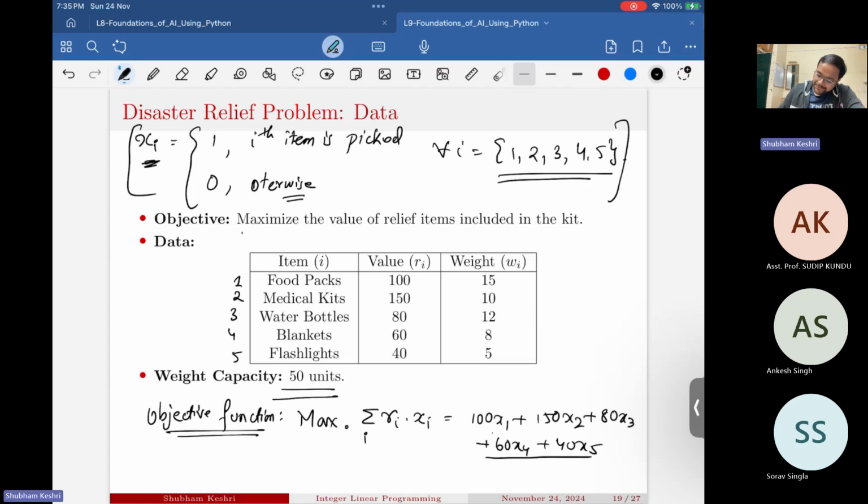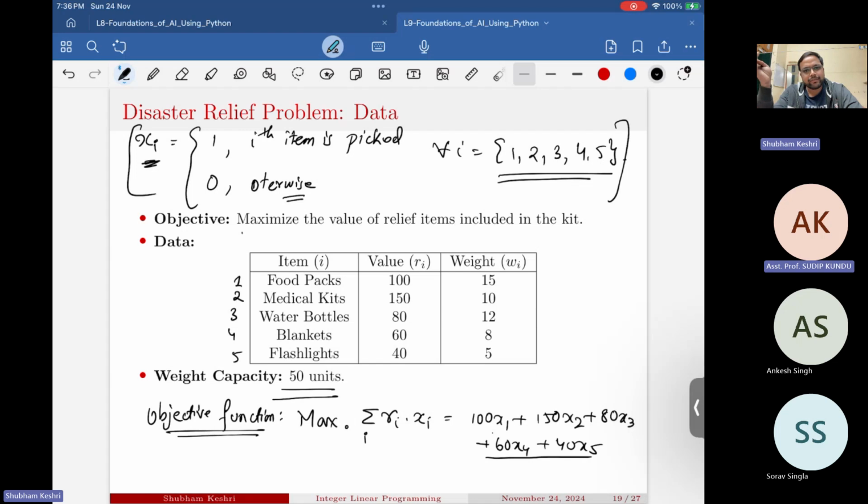Now, can we write the constraints? By the way, how many constraints does this problem have? What is the constraint in this problem? The weight capacity. Yes.